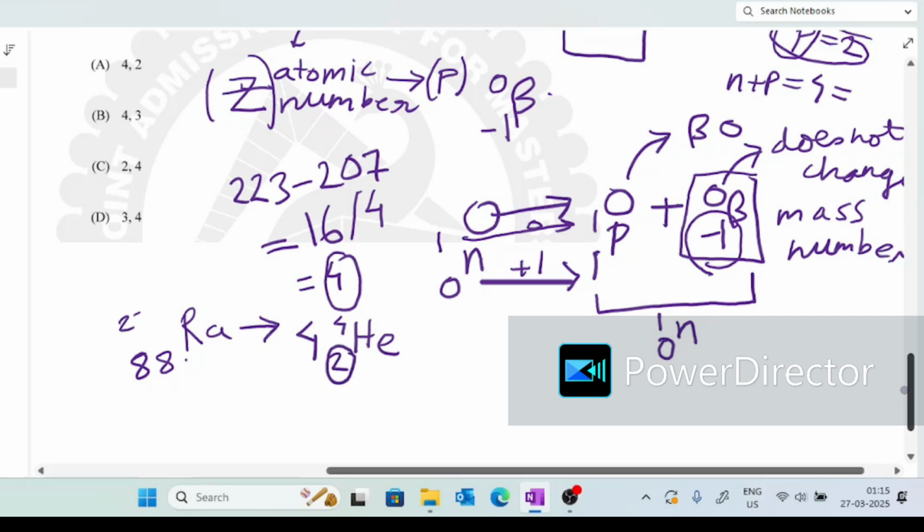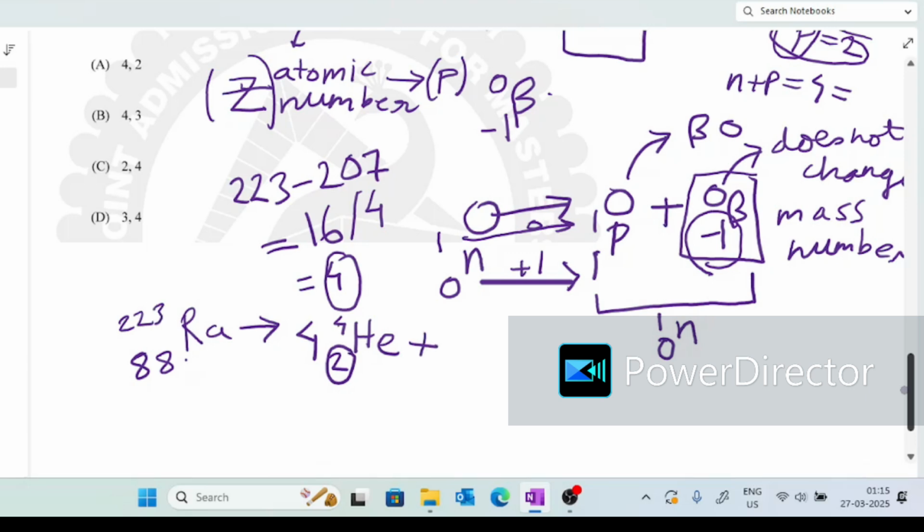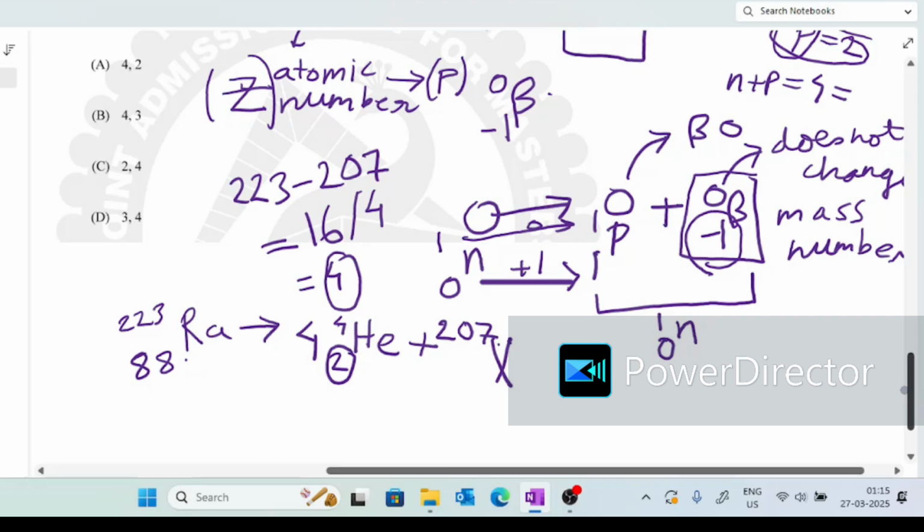So from 223 it became 4 into 4 is 16, subtract that, so 207. Let's name this x. So it's 207, and 4 into 2 is 8, so it should be 88 minus 8, which becomes 80.